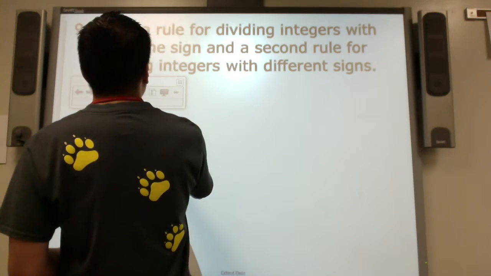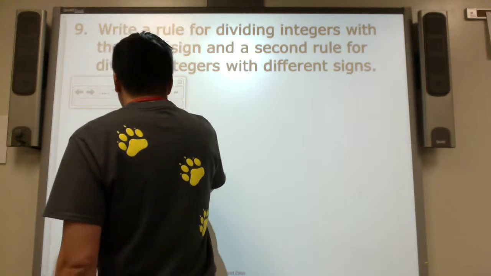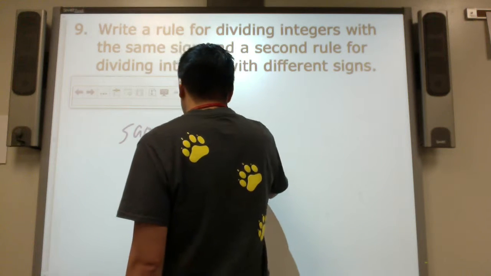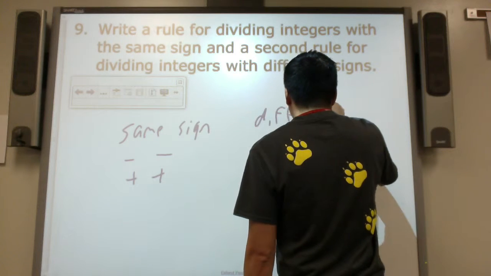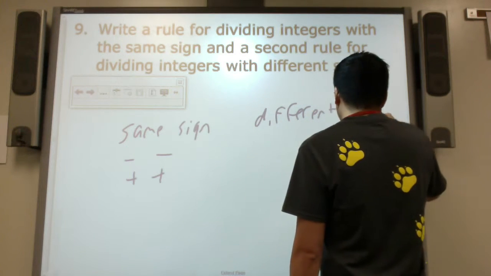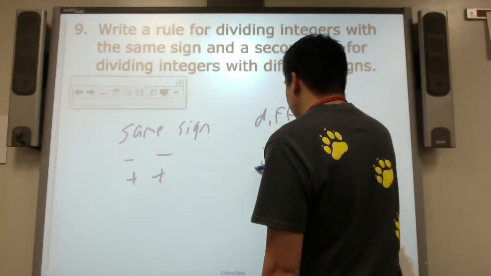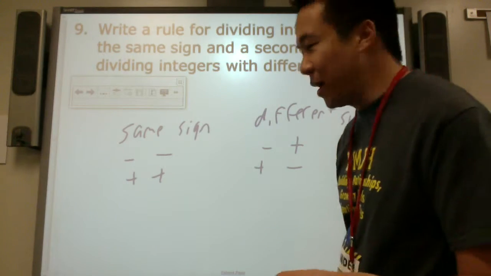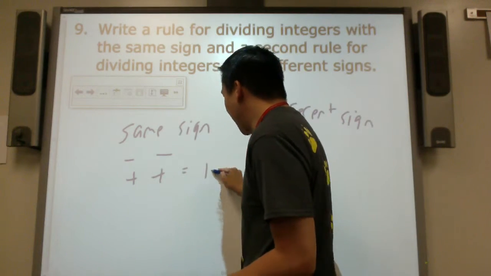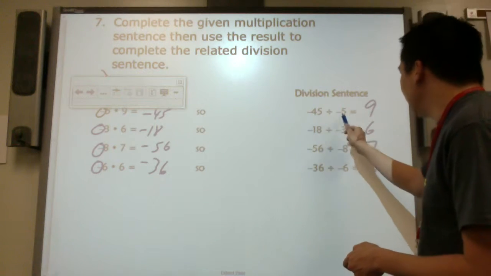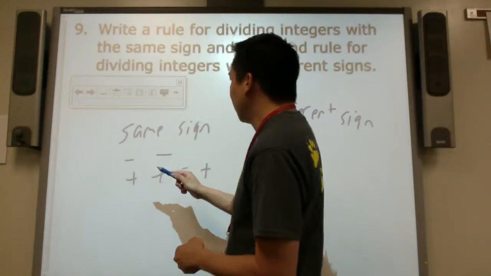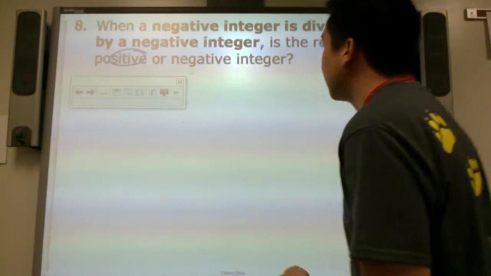And a second rule for dividing integers with different signs. If they are the same sign, negative, negative, positive, positive. If they are different signs, like negative, positive, positive, negative. So if you divide two positives, it will be positive. If you divide two negatives, it's always positive.